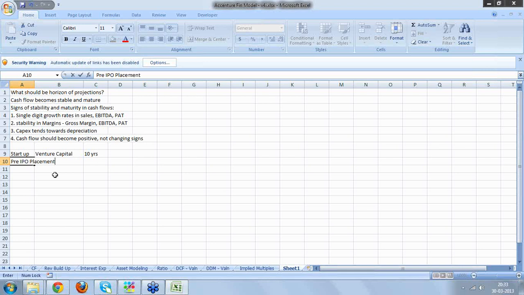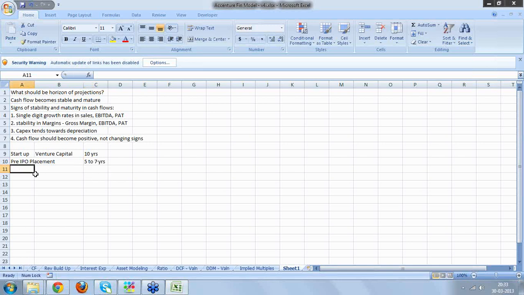The startup risk is through, and there is a private equity player who wants to ride the high growth phase. Since the startup phase is over, you have a low base effect. Not many people will want to ride this high growth phase, so it's especially at this stage that a private equity player comes. The high growth phase is still left. They want to ride it and make an exit when the company has passed through the high growth phase, especially at the time to tap the public market. So 5 to 7 years of projection, depending upon the case.